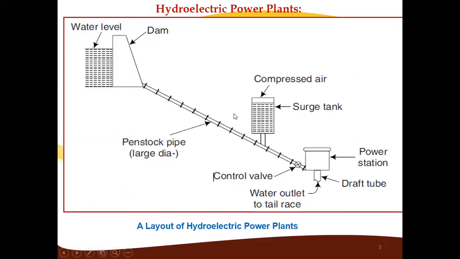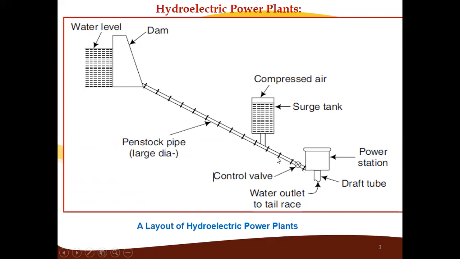If you see this layout, it consists of a water level, and a dam constructed on a river. Now we have a pipe, generally called a penstock. It is a large diameter pipe through which the water flows, so potential energy is converted into kinetic energy. Then we have a control valve, a turbine and a power station.